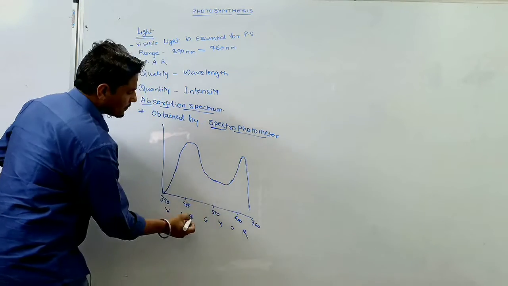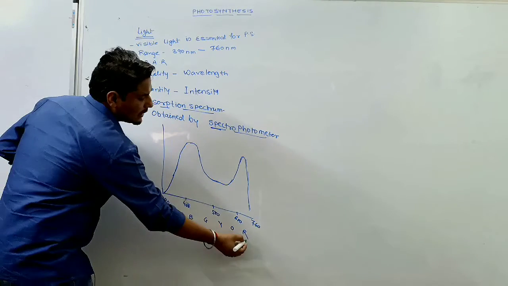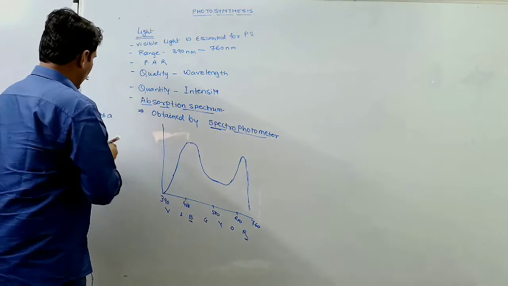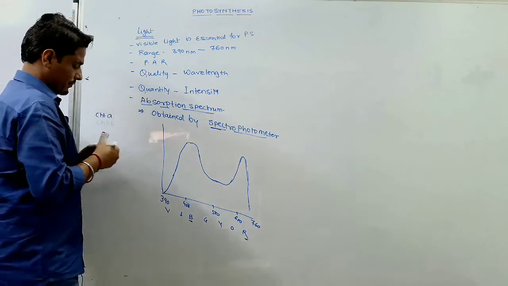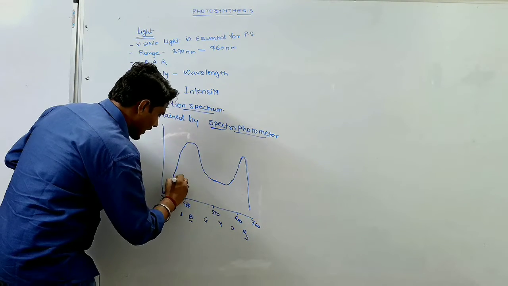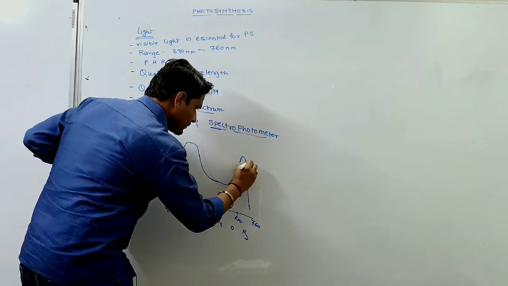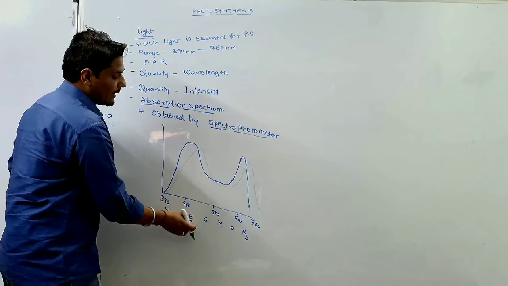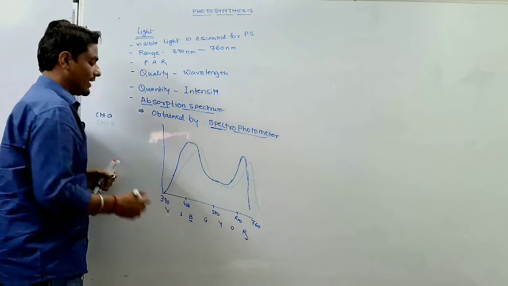The second pigment is chlorophyll B. Chlorophyll B also absorbs maximum light in between the blue-green region as well as in the red region.